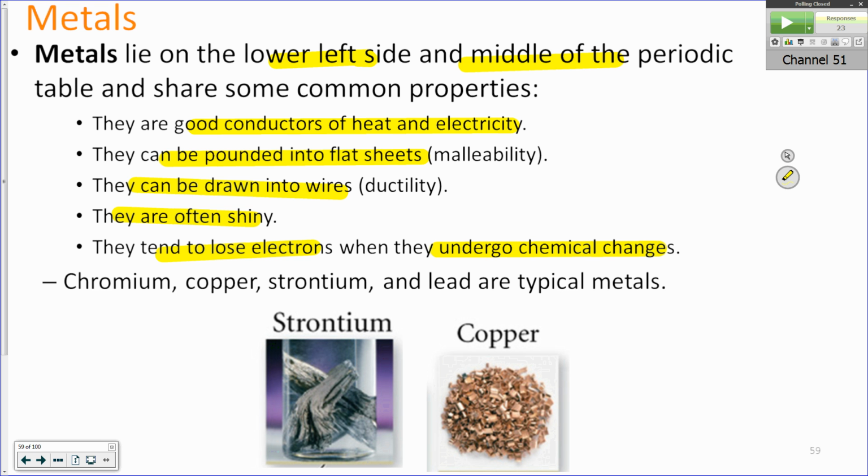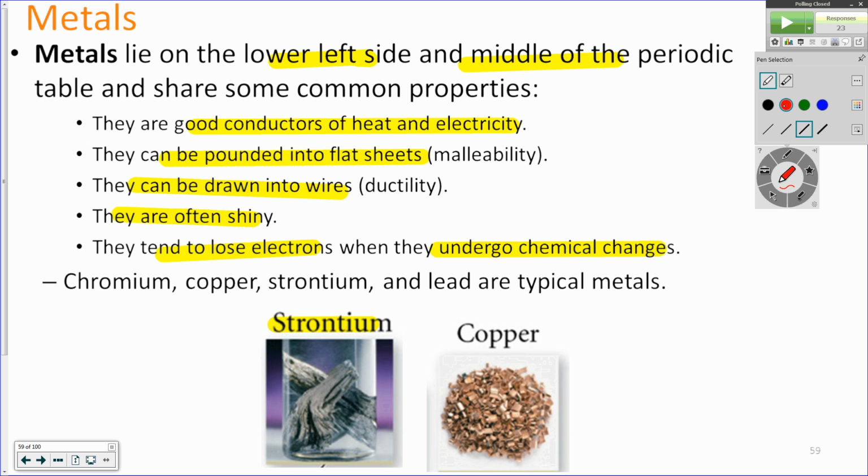So if an atom like sodium or strontium, in this example, strontium, which in the periodic table is element number 38, loses electrons, is it going to form a cation or an anion? If it loses electrons, that means it's going to have more protons, positive charges, than electrons.